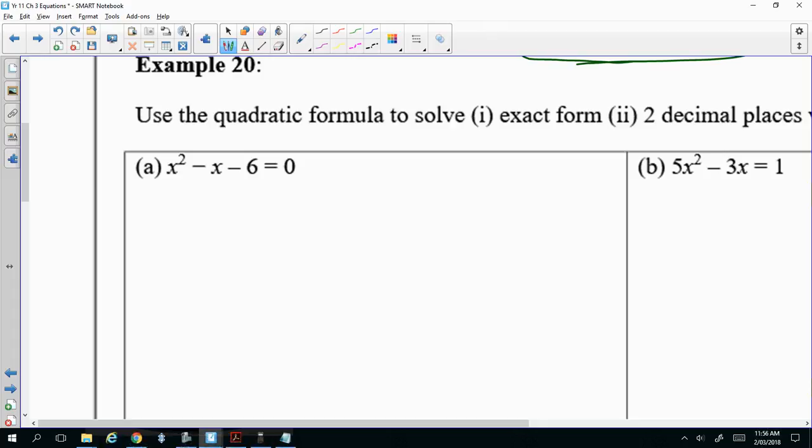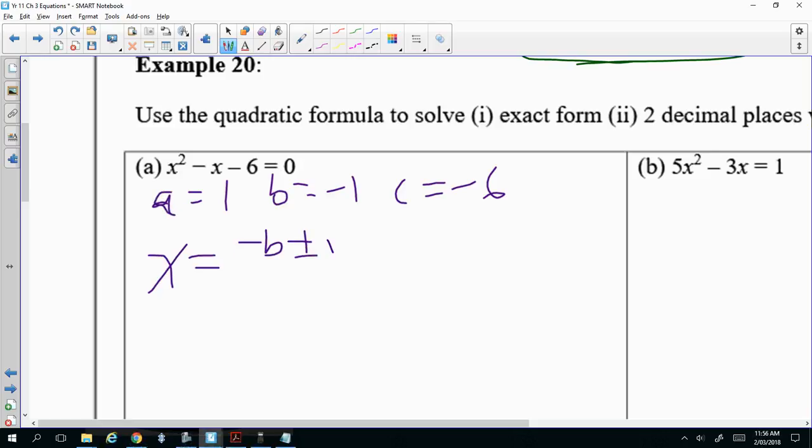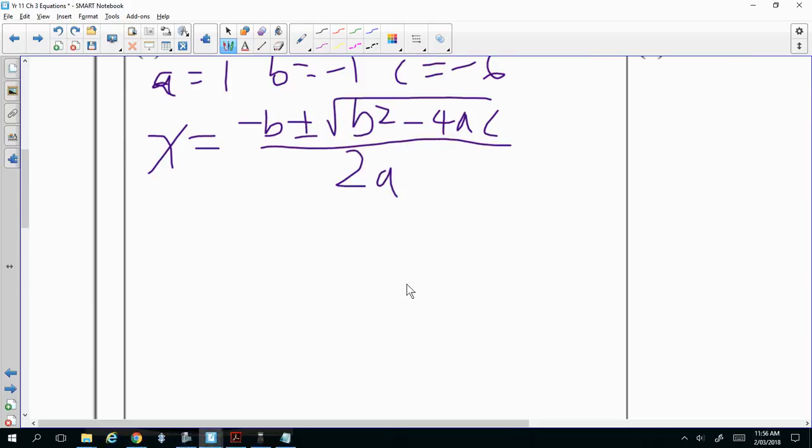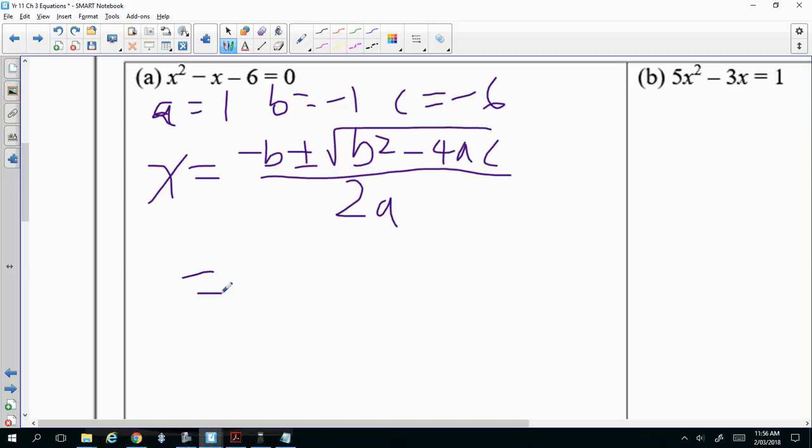And then you write x equal to minus b plus or minus square root of b squared minus 4ac over 2a. Right? And then we'll just substitute. And that formula works every time. So you just go negative 1 plus or minus square root of negative 1 squared minus 4ac all over 2 times 1.